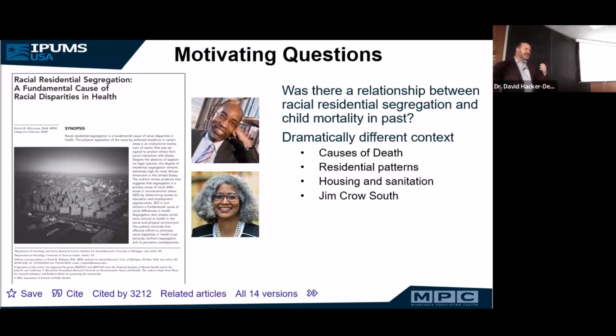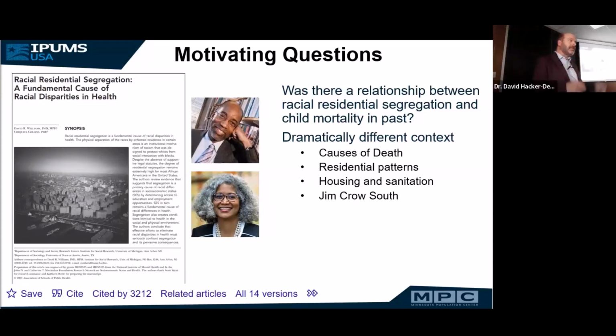So this is a different context, and maybe play out differently. Housing and sanitation: something like, I'm going to pull this number out of my head, so don't quote me on it, something like 30–40% of people had access to public water, and a lower percentage had sewage treatment.